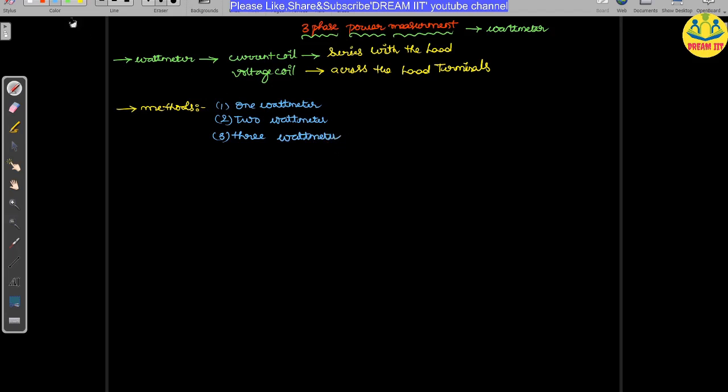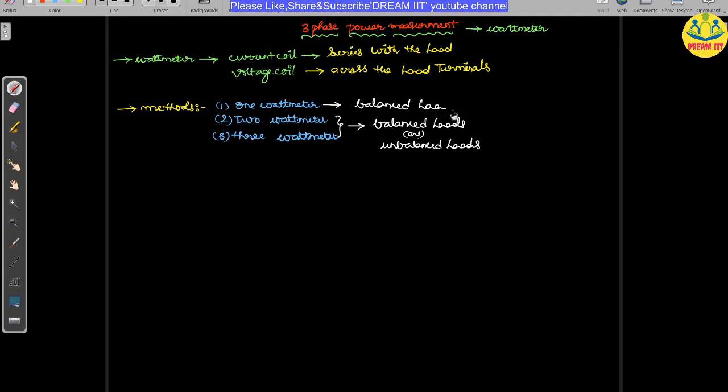These second and third methods you can use for balanced loads or unbalanced loads, for both loads. But the 1 watt meter method is useful only for balanced loads.